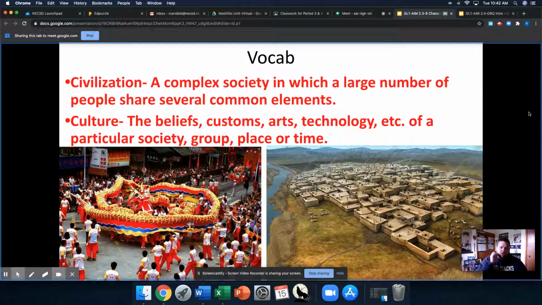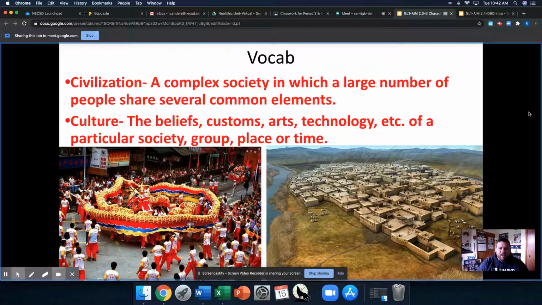So the thing about culture, I just wanted to make this clarification, is that when we're talking about a particular society, group, place, or time, the word culture can be used in reference to a lot of different things. So we could talk about American culture. That's a particular society, right? Or a group within that society: the culture of American adolescence. The culture of American adolescence in cities. They have their own particular culture.